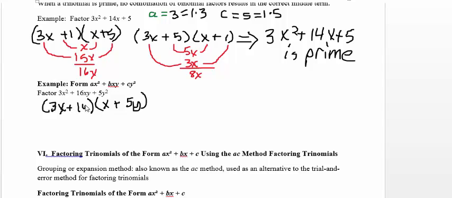So we know we're going to need 3x plus 1 and x plus 5, but the 1 and the 5 need to be multiplied by y. And notice that this does multiply to give my polynomial. So 3x plus 1y times x plus 5y.